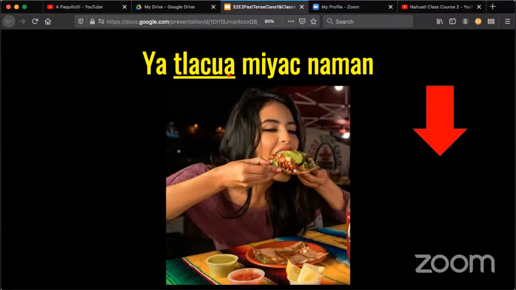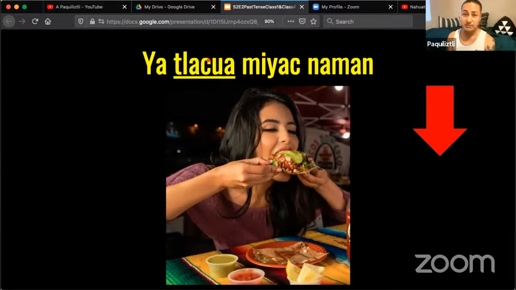When you say somebody eats something, the verb is qua. But this tla indicates that something is being eaten. So in some verbs that are called transitive verbs, Nahuatl requires you to indicate what they are eating. In this case, the verb qua is a transitive verb, so you must indicate what they are eating.